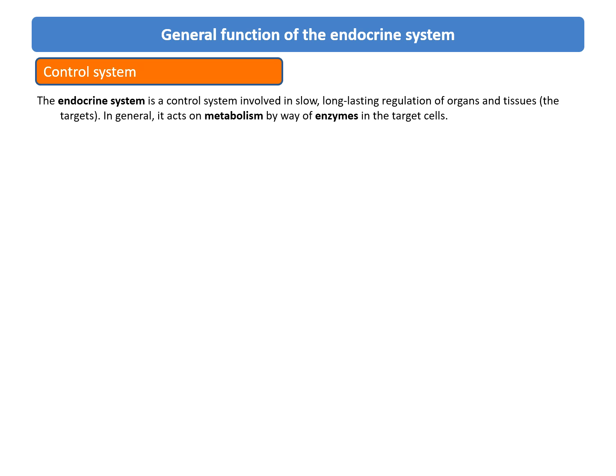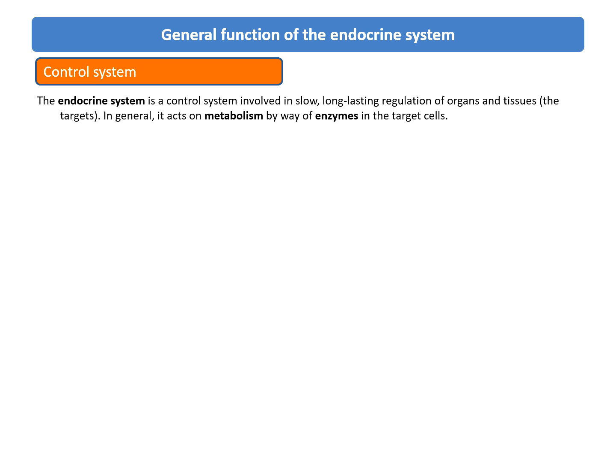The endocrine system is a control system involved in slow, long-lasting regulation of organs and tissues. These are the targets. In general, the endocrine system acts on metabolism by way of controlling enzyme activity.